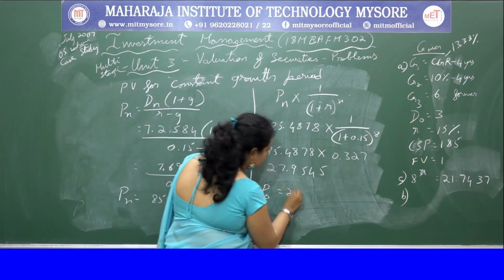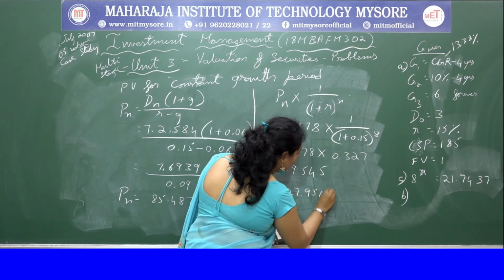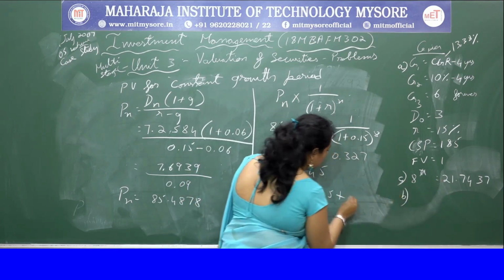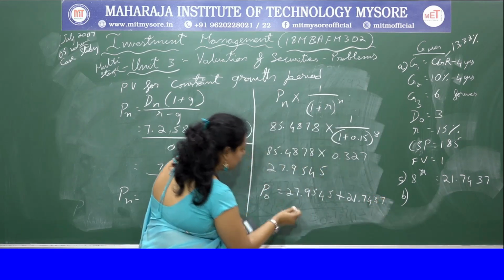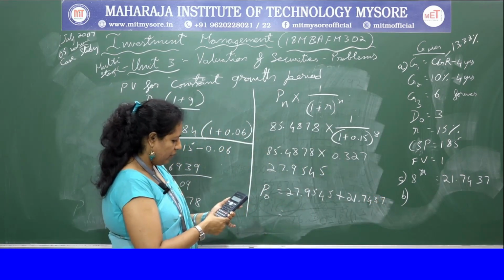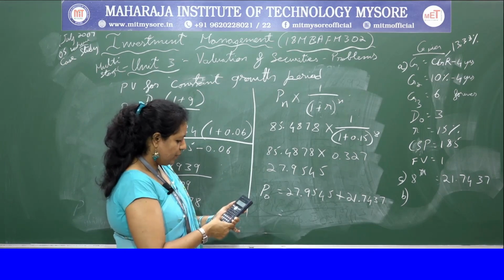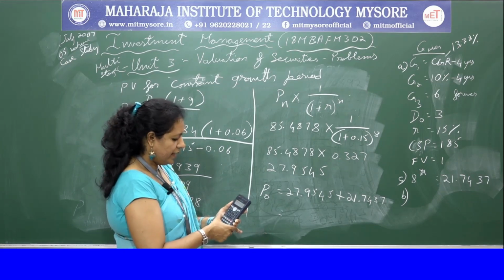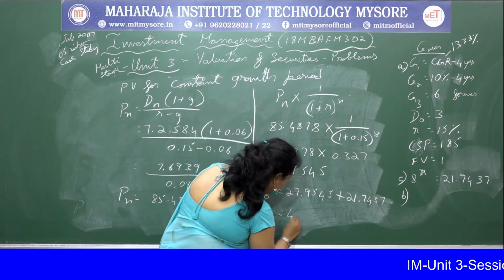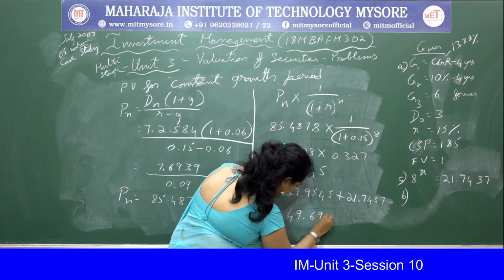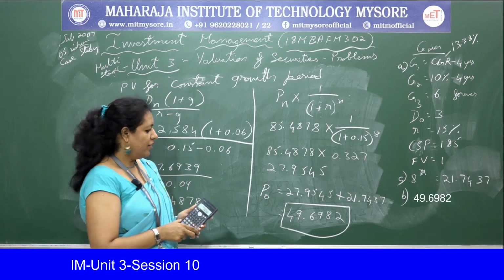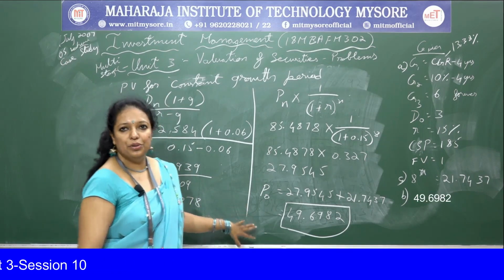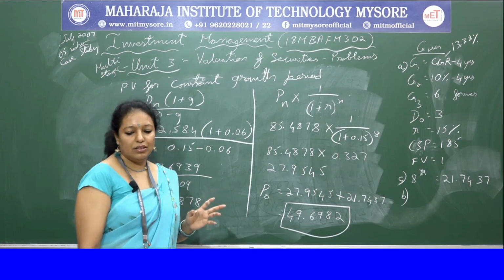For P naught, one is this 27.9545 plus up to 8th year what value you have got, 21.7437. So these two I need to add up. So 27.9545 plus 21.7437, you get 49.698. This is the final answer, 49.698.